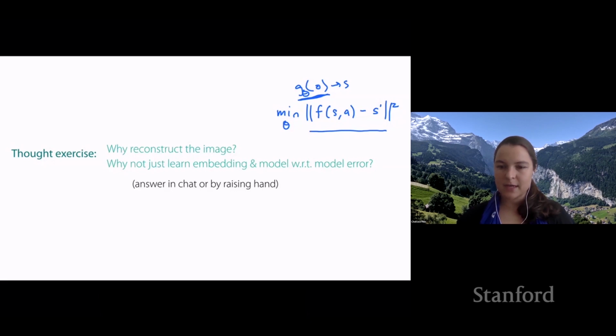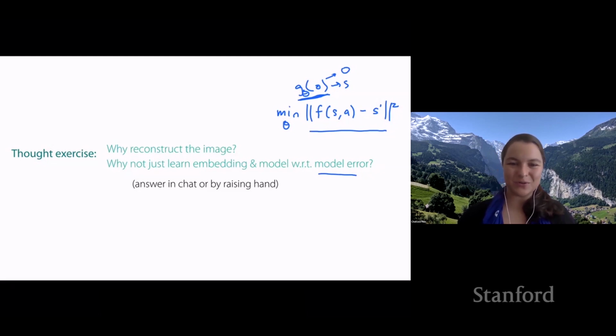Someone said that a bad embedding would result in a bad model, and the model would be largely dependent on the embedding. Someone suggested that maybe there's a trivial solution when the embedding is just constant. That's right. There's a trivial solution to this: if you optimize only with respect to the model error, then your encoding can just always output 0 deterministically, for example, and then your model just has to always predict 0.